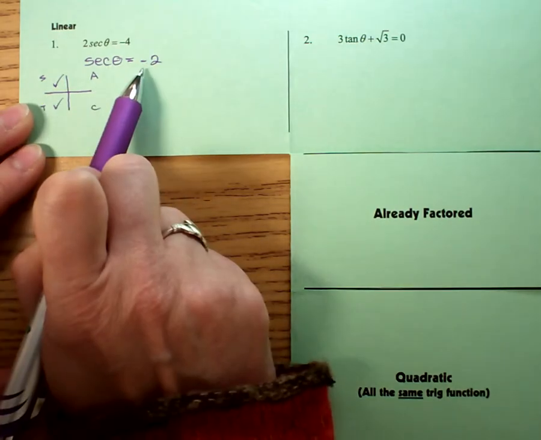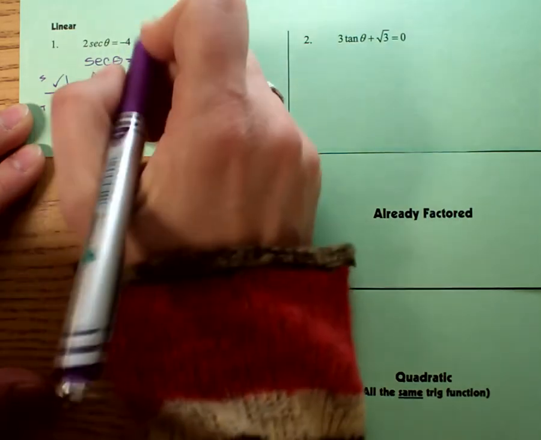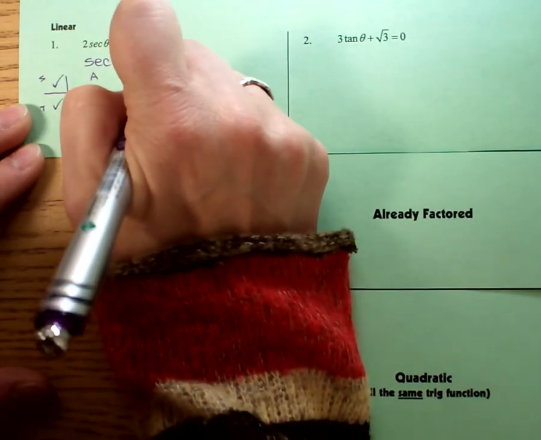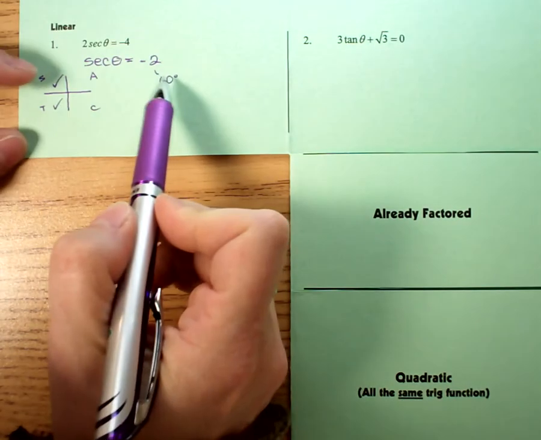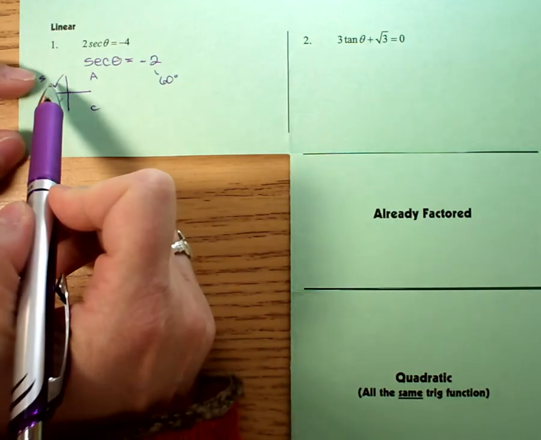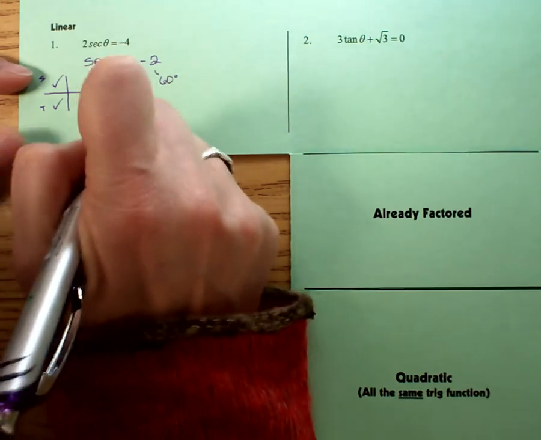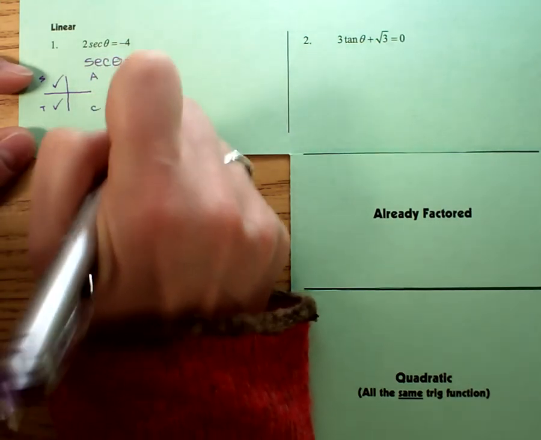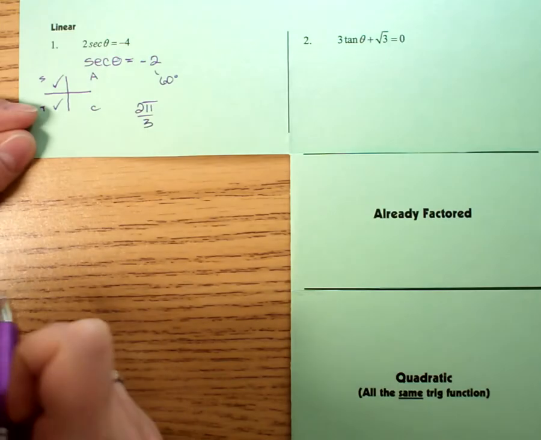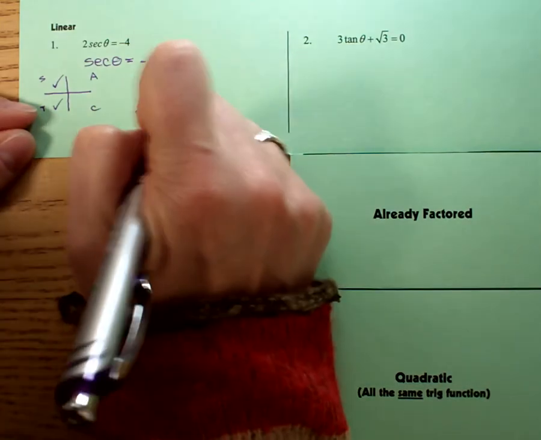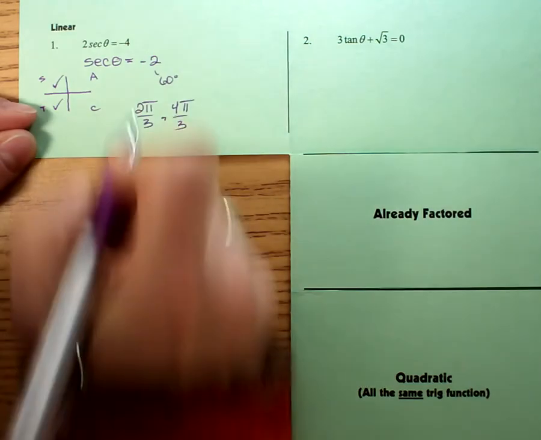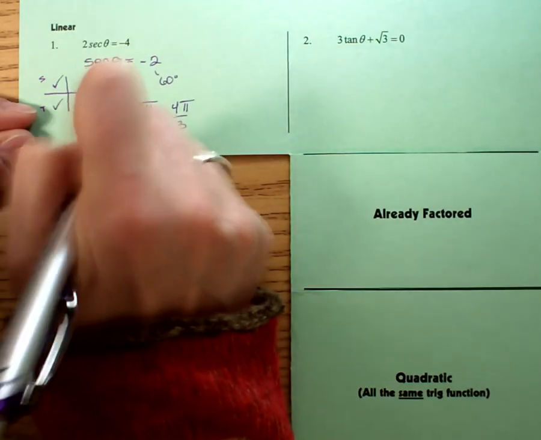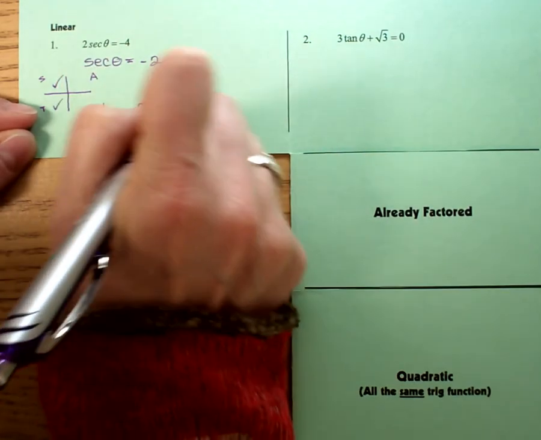Well, I know that secant equals a positive 2 in my first quadrant when my reference angle is 60 degrees. So my 60-degree reference angle in the second quadrant is actually 2 pi over 3, and my 60-degree reference angle in the third quadrant is 4 pi over 3. So we can simply say theta equals 2 pi over 3 and 4 pi over 3.